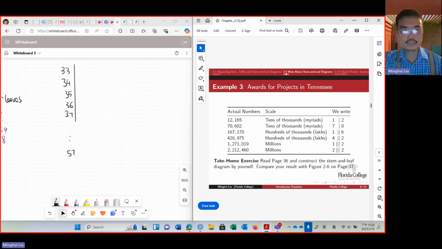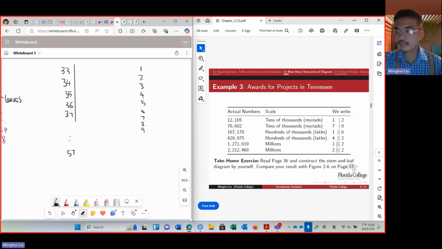What we're going to do is write numbers such as 1 and then 2, 3, 4, 5, 6, 7, 8, 9. Those will be the tens of thousands, and then hundreds of thousands will be 1, 2, 3, 4, 5, 6, 7, 8, 9. Then you have millions. You have 1 million, 2 million. That's it. There's no 3 millions.